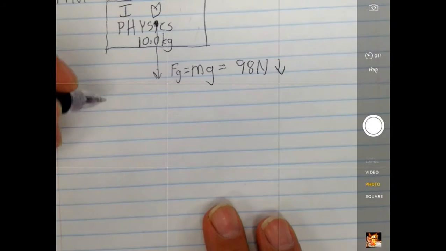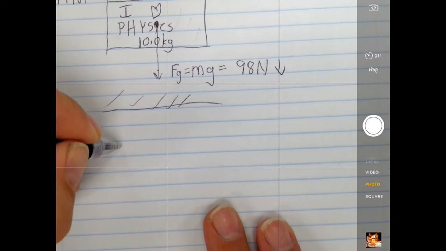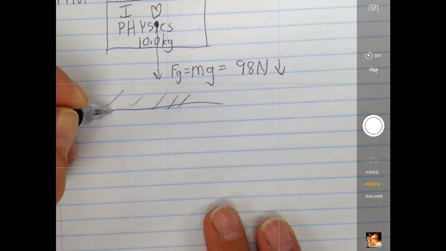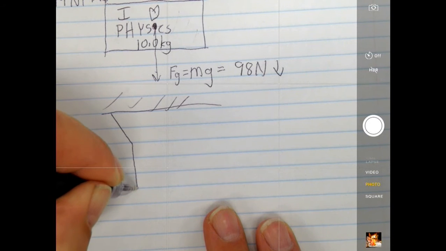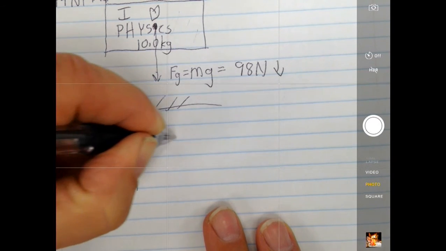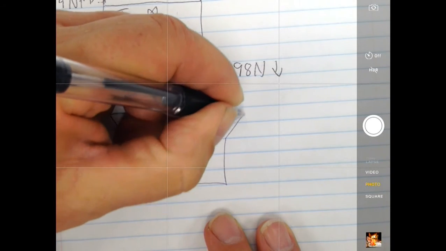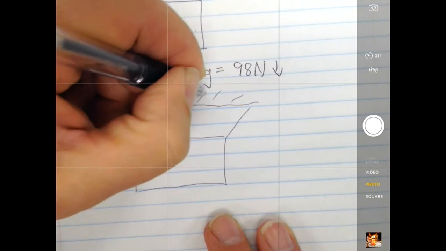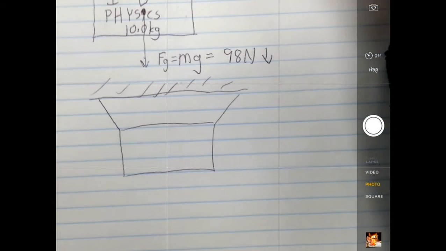What happens if I have that same sign and now I have the two cords holding it?